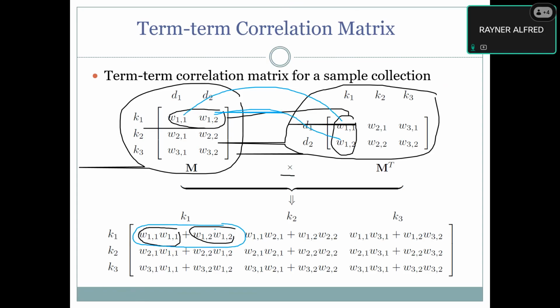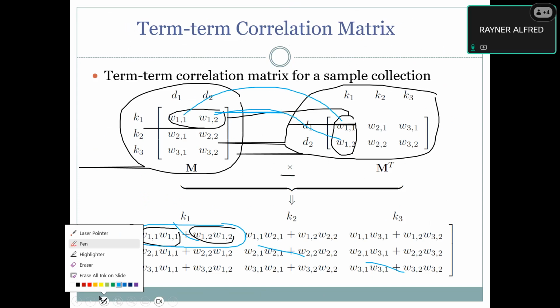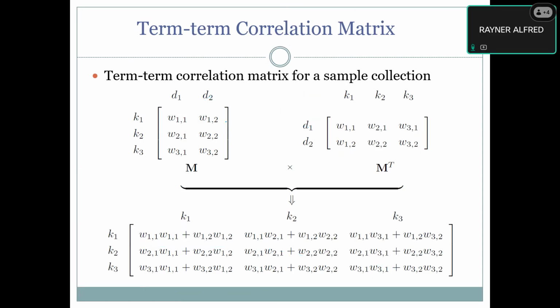This number will tell you K1 and K1, but we ignore this part because we don't want that one. We want K1 and K2. So if we replay this again, we take this, multiply with this. So basically we are looking at keyword 1 and keyword 2.